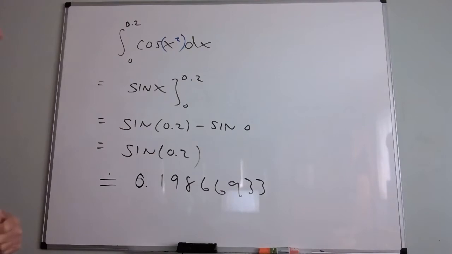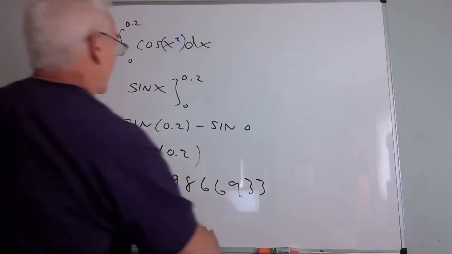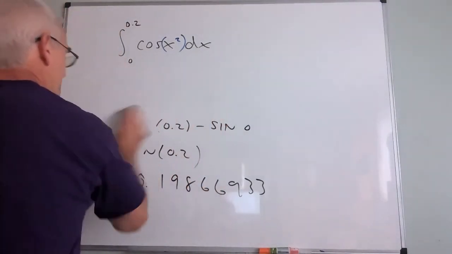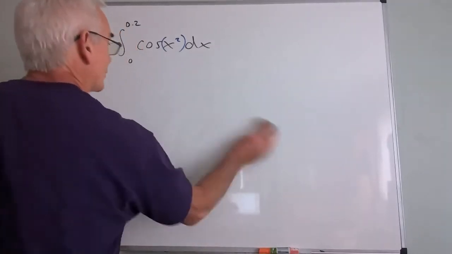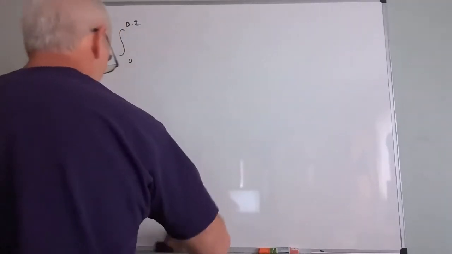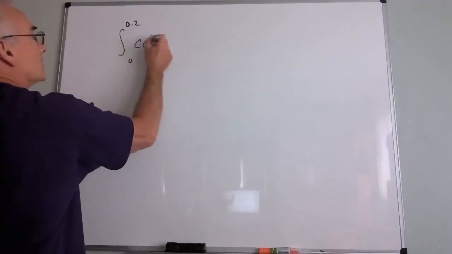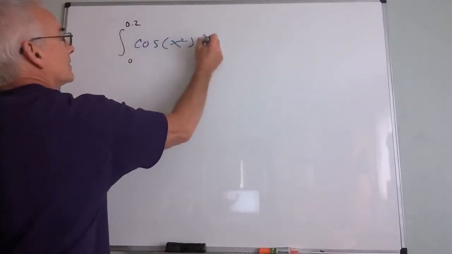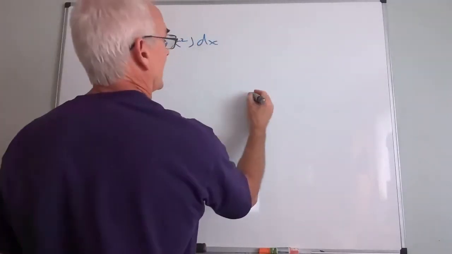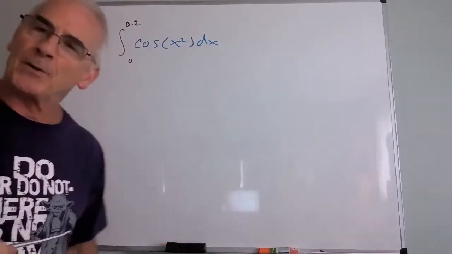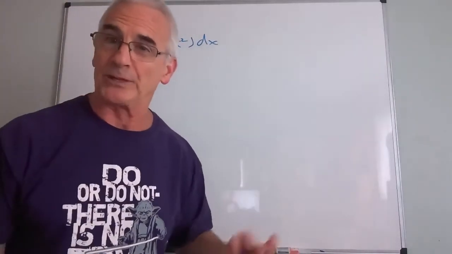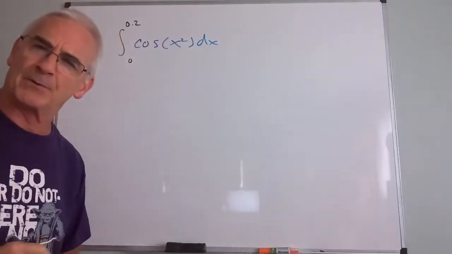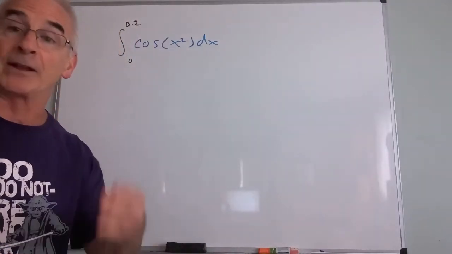Can you think of a function that when I differentiate it will give me the cosine of x squared? Well, you might say, how about if we tried an integration by parts? Integration by parts actually would be the only way you could do this. Let me rewrite this, if it can be done. So I would probably do something like this. Now, you remember how we did integration by parts when you actually only had one function? Does anybody remember how we did that one? We integrated the log function.